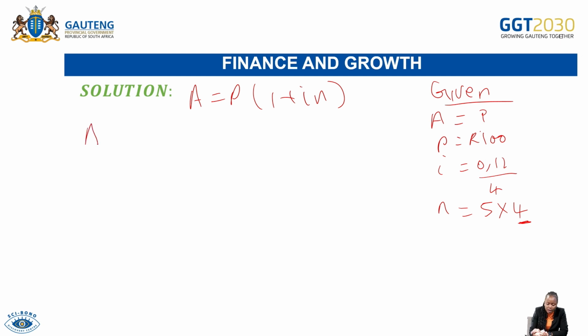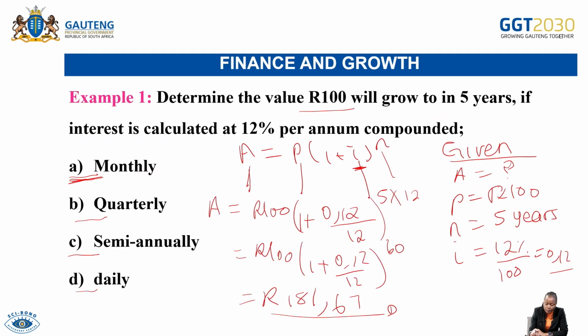So you will have A equals your P, 100 rands. Then it's 1 plus your I. You substitute this whole thing as it is. It's going to be 0.12 divided by 4. Okay, it's compounded. We're making a mistake here.